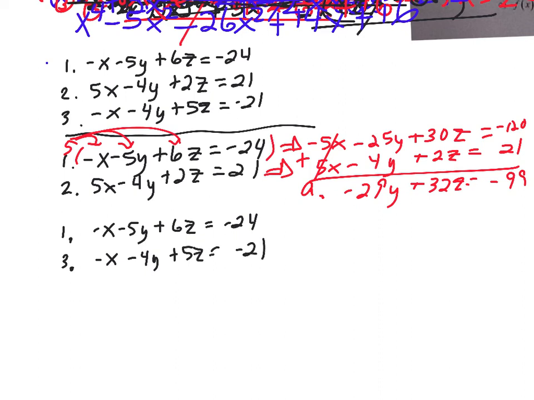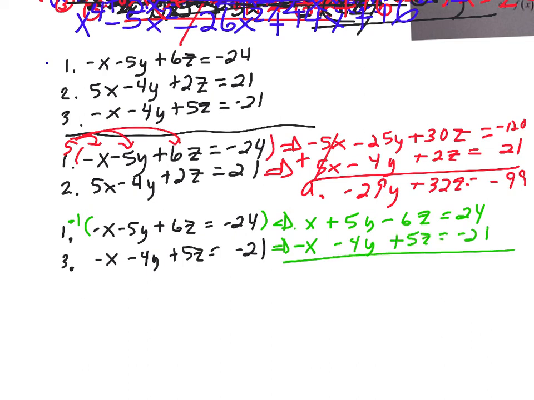Now remember, since we got rid of the x's first, you still have to get rid of the x's here. So I'm going to multiply by negative 1 to make that positive x. Distribute the negative 1, so we get positive x, positive 5y, negative 6z, 24. Keep the bottom equation the same. You can see there are positive x and negative x.